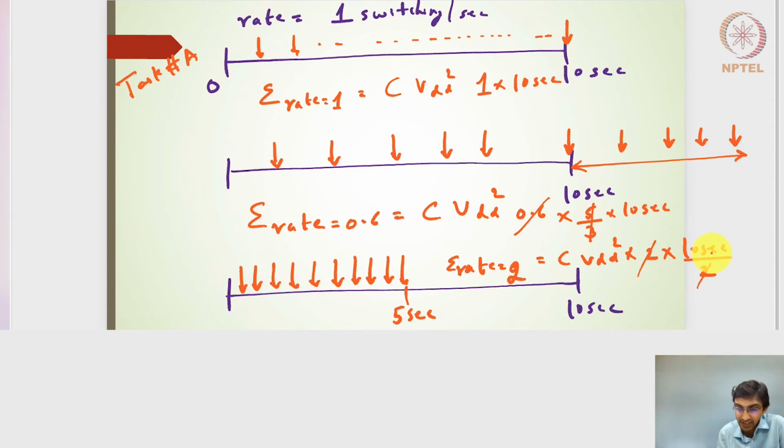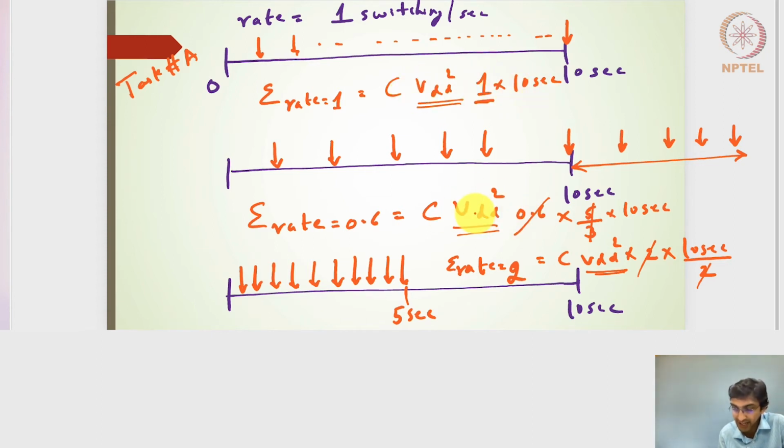So if I don't change the rails at all based on the change in the rates, then I'm not going to get any kind of benefits. But for the same thing, whenever the rate is 1, if I change the VDD, for a rate of 1 I will get 1 VDD, so I'll get C VDD square 1 multiplied by 10 seconds.